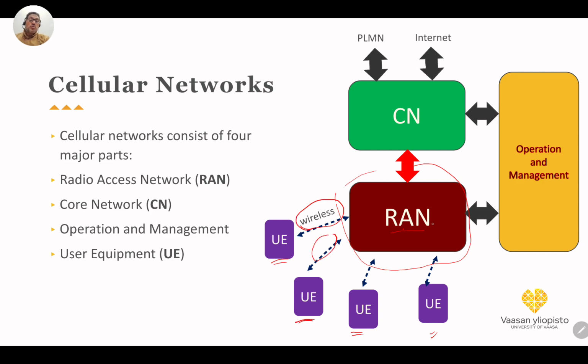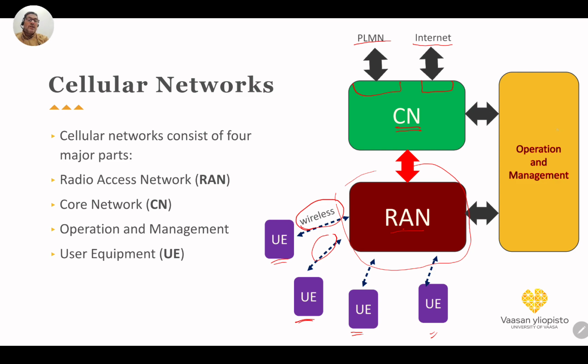Then the radio access network is connected to what is known as the core network. The core network carries out the major operations of networking, and it also has gateways to connect to the external world, like the internet, for example, another public land mobile network, or a public switched network, and so on.